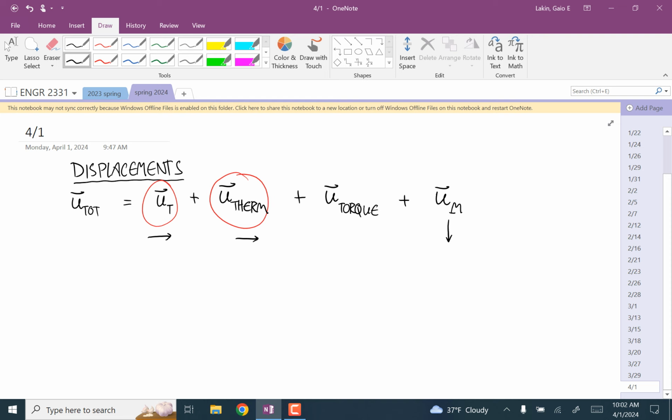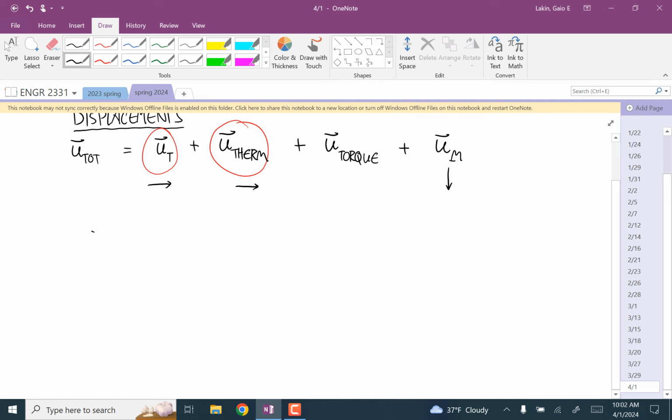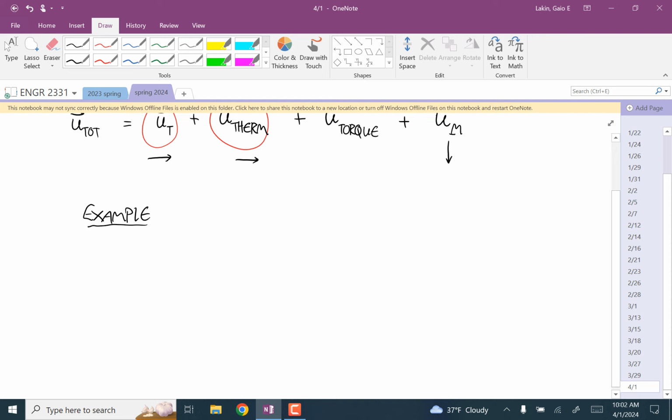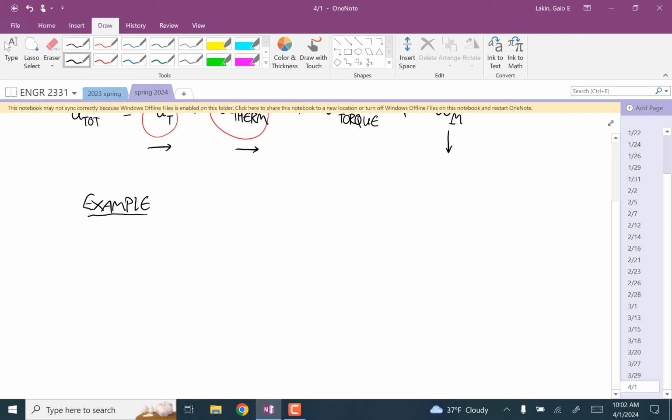Before we start talking about displacements due to torque, here is a pretty common type of problem for elongation. So let's say that we have a relatively rigid bar and there's a force over here.